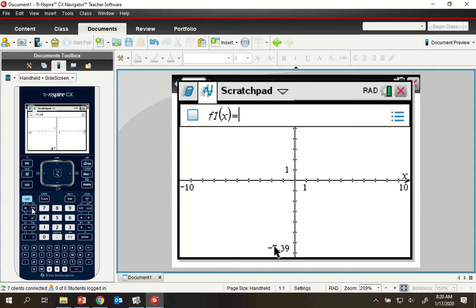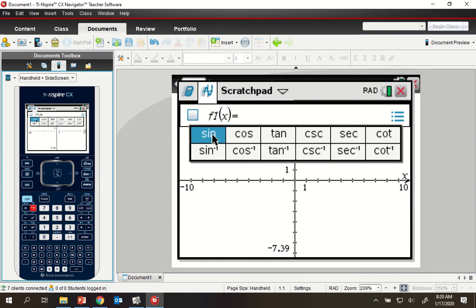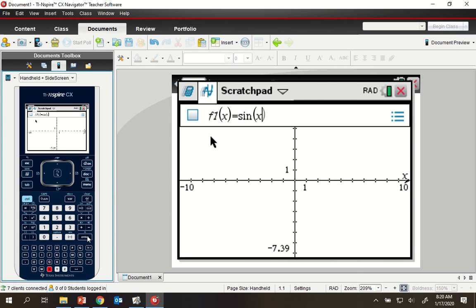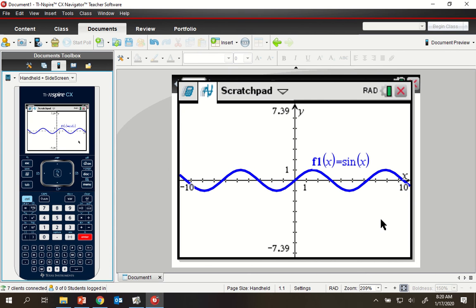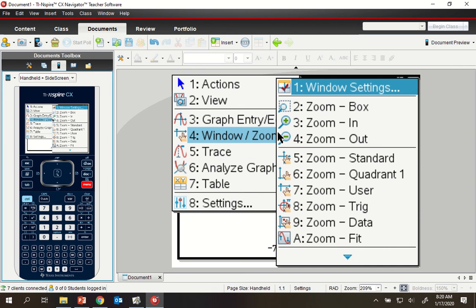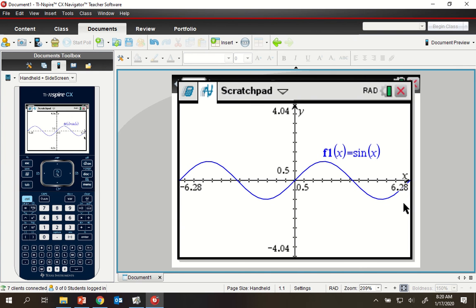Okay, good. So I'm going to go trig, and I want to go with the sine of x. There we go. And menu, I'm going to change my window to be a trig window. So I have it from 0 to 2 pi.